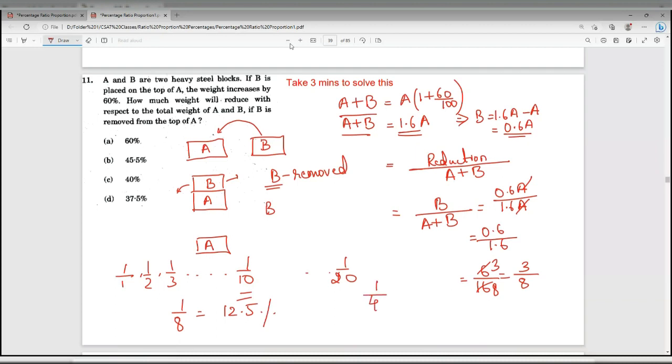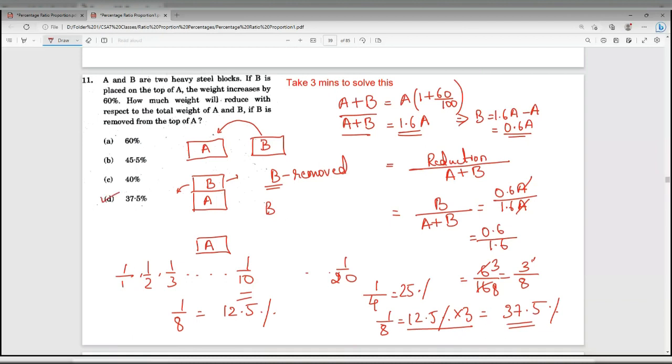We know 1 by 4 is 25%, and if you divide this by 2, this is 1 by 8, it will be half of this, that is 12.5%. Now they are saying it is 3 by 8, so it is 12.5 into 3, that is 37.5%. This is how you calculate. You remember one ratio, 1 by 8, and then you multiply it by 3, you get 3 by 8. So that is 37.5. The correct option is option D.